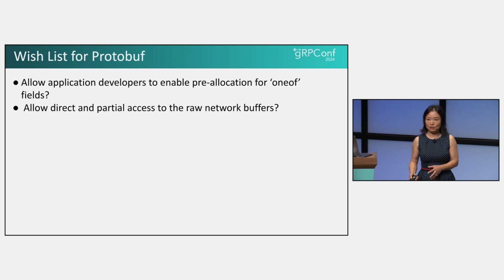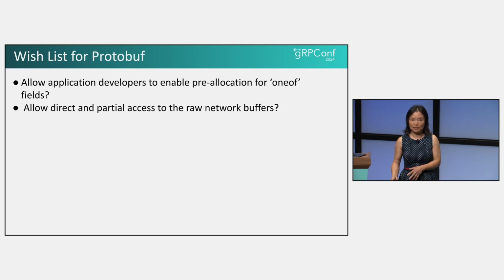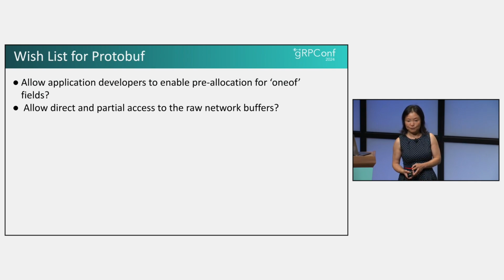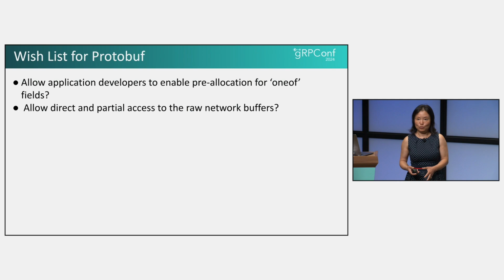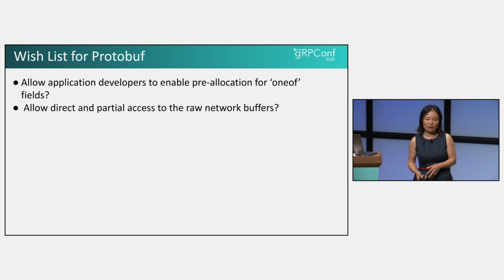Although we have transitioned from Protobuf to FlatBuffers, we believe that Protobuf could greatly benefit performance-sensitive applications by allowing an enableable option for developers to pre-allocate memory for one of the fields. Also, we believe opening some direct and partial access to the raw buffers could help with scenarios where low-level access of memory is critical.